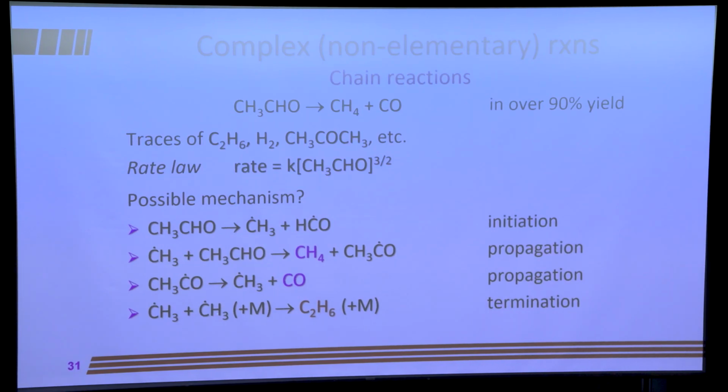The methyl can then recombine to give ethane. Or HCO can decompose to give CO plus H. H can abstract a hydrogen atom from acetaldehyde to give CH3CO plus H2. So we get H2. Or if CH3CO combined with methyl, you'd get acetone, CH3COCH3.